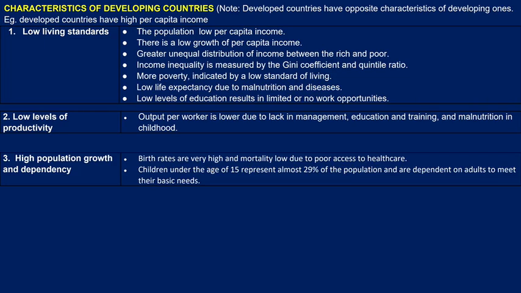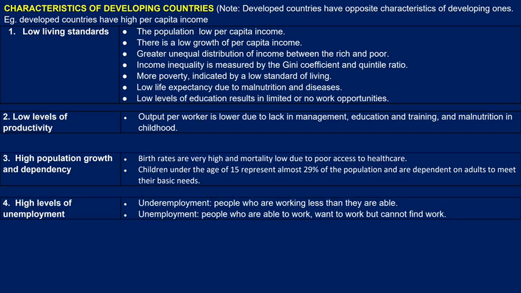Birth rates are very high and mortality low due to poor access to healthcare, meaning people die early as well. Children under the age of 15 represent almost 29% of population and are dependent on adults to meet their basic needs.